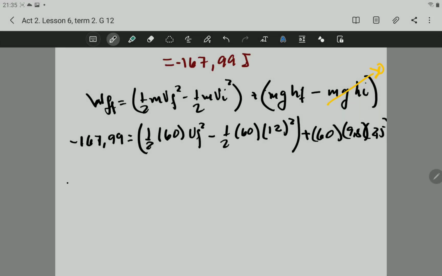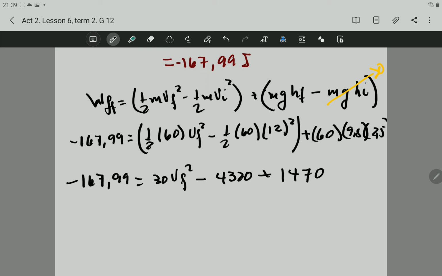So now we have here minus 167.99 is equal to, this is 60 divided by 2 is 30, the final square, minus this product here, 60 times 12 to the power 2 divided by 2, this will be equal to 4,320. You can check with your calculator. Plus the product of 60 times 9,8 times 2,5 will be equal to 1,470.